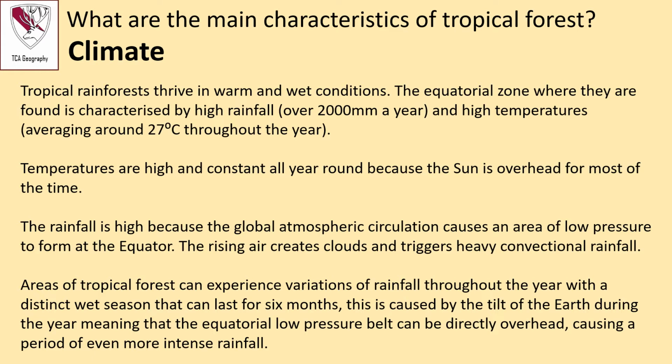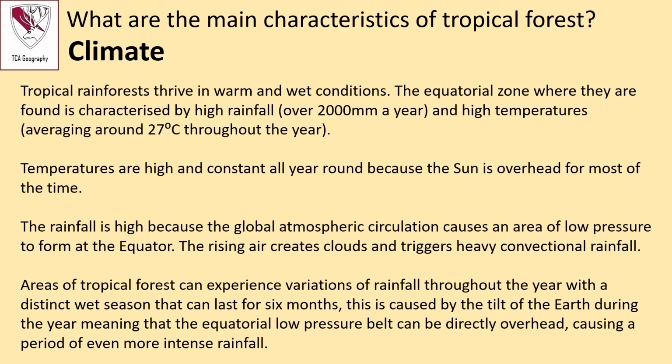Temperatures are high and constant all year round because the sun is overhead for most of the time. The rainfall is high because the global atmospheric circulation causes an area of low pressure to form at the equator. Rising air creates clouds and triggers heavy convectional rainfall.